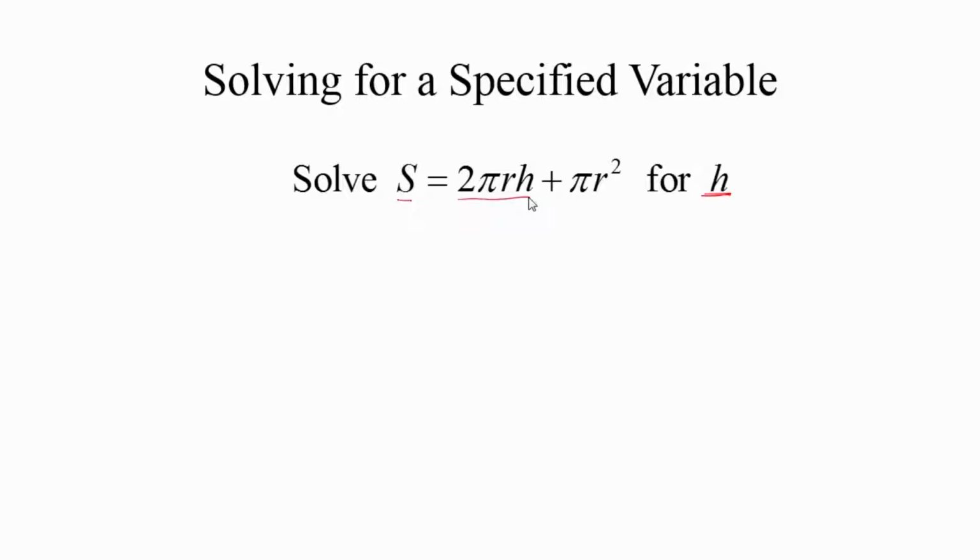If it was positive, it becomes negative. If it was negative, it becomes positive. So we're going to take this positive pi r squared to the other side of the equation. So it would be s minus pi r squared equals 2 pi r h.